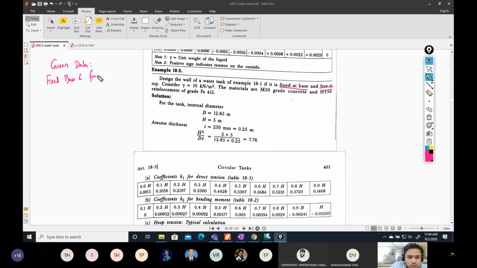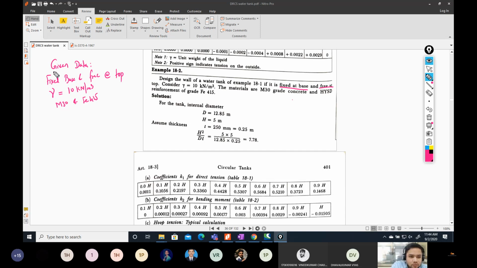The unit weight of liquid, that is unit weight of water, is given to us as 10 kilonewton per meter cube, and the materials are the same, M30 and Fe415.